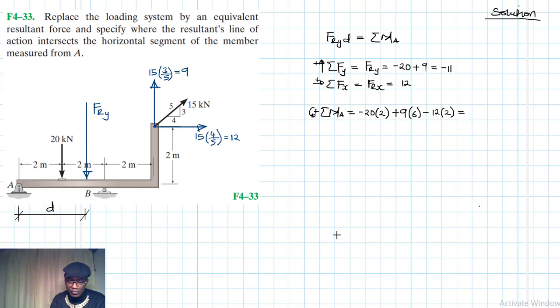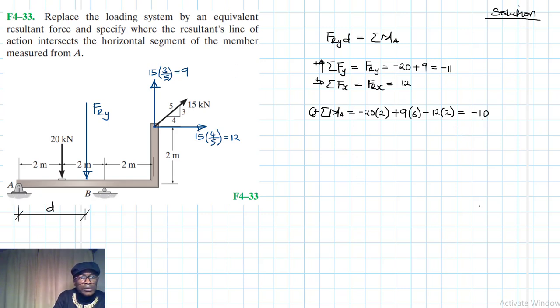So we have minus 20 times 2 plus 9 times 6 minus 4 times 2. This is going to be equal to minus 10.